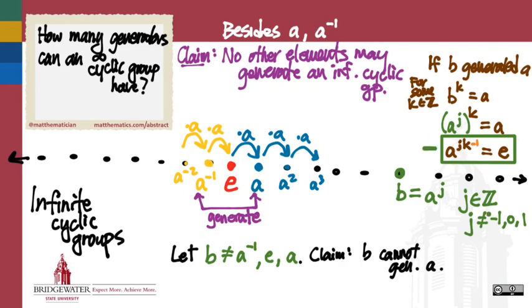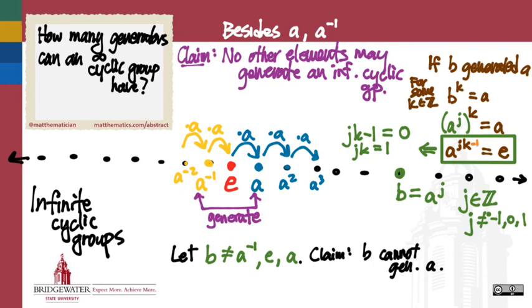So, because the order of my generator is infinite, that must mean that jk minus 1 is equal to 0. Only the 0th power of a can give me the identity. But if jk minus 1 is equal to 0, that means j times k is equal to 1. But j and k are both integers.